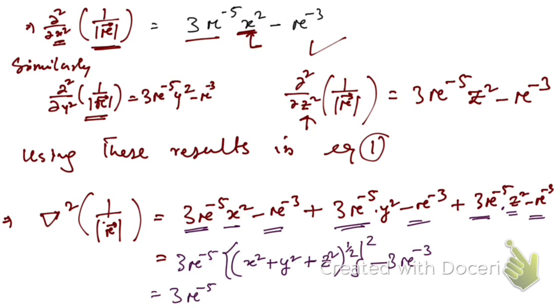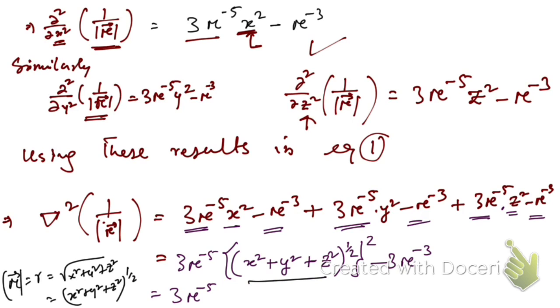The reason behind writing it this way is that this part is nothing but mod of r, or simply r, because r is equal to root over x square plus y square plus z square, which means x square plus y square plus z square whole to the power half. So we can replace this by r.